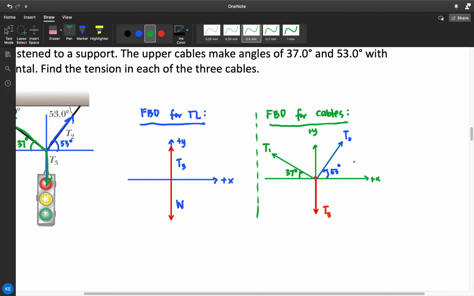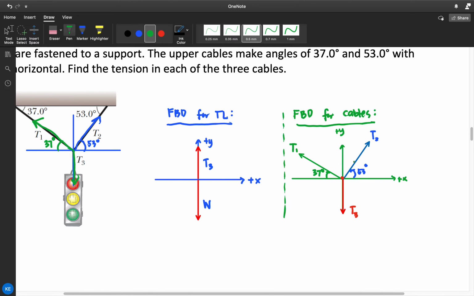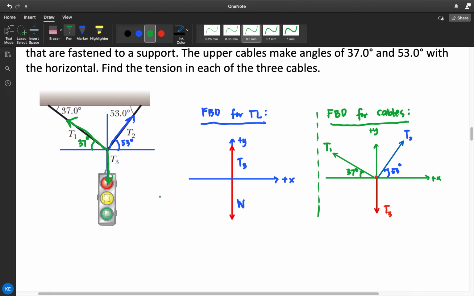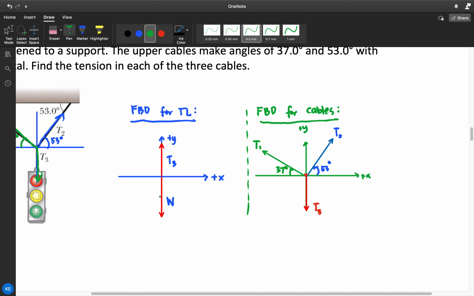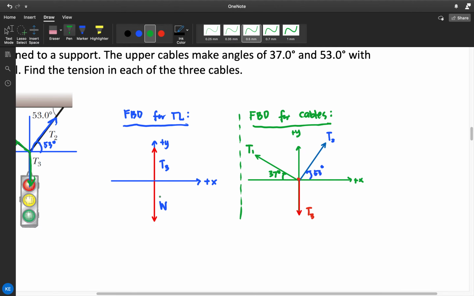If you'll notice also, the system is in equilibrium. So we will use Newton's first law. But before anything else, we have to look for the components of T1 and T2.